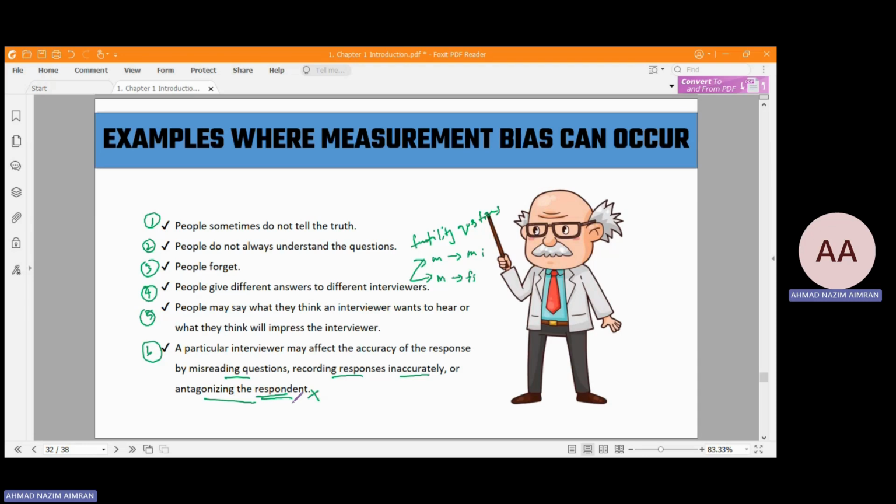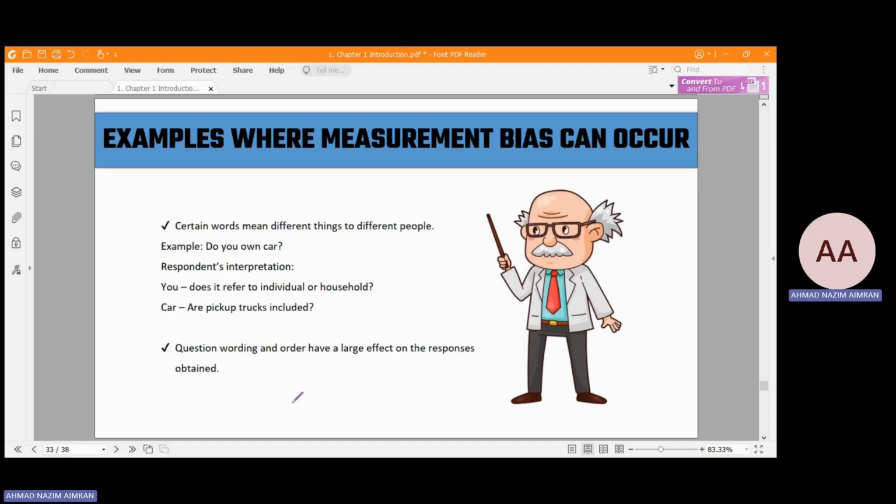So this should be avoided by the interviewer, and for national level studies, usually we need to train the interviewers. It may take weeks or months to train the interviewers, to make them familiar with the questionnaire to avoid this kind of problem.